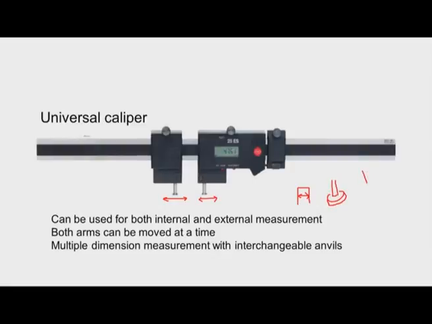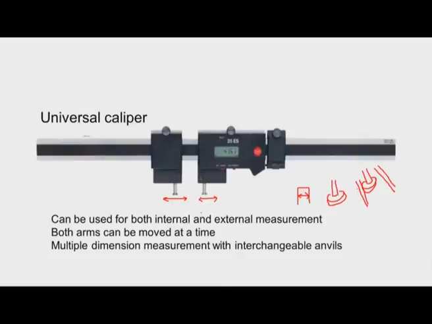So, when we have both disc type ends, this can be used for measurement of thickness, and as well as for measurement of a pipe also. This is the pipe and this can be moved and it will make contact here and thickness can be measured.